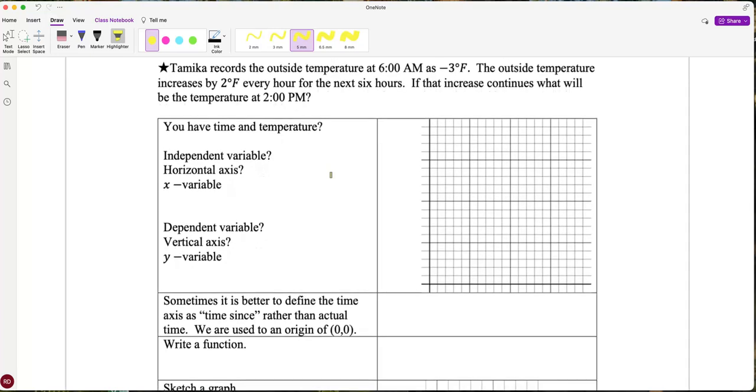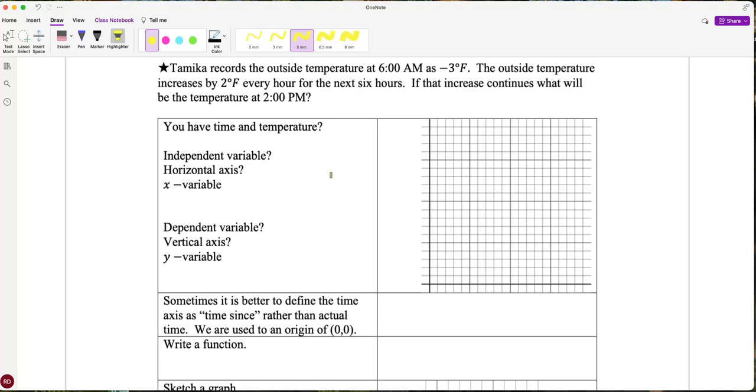Look at this example. Tamika records the outside temperature at 6 a.m. as -3 degrees Fahrenheit. The outside temperature will rise 2 degrees Fahrenheit every hour for the next 6 hours. If that increase continues, what will the temperature be at 2 p.m.? In this example, the independent variable is time.